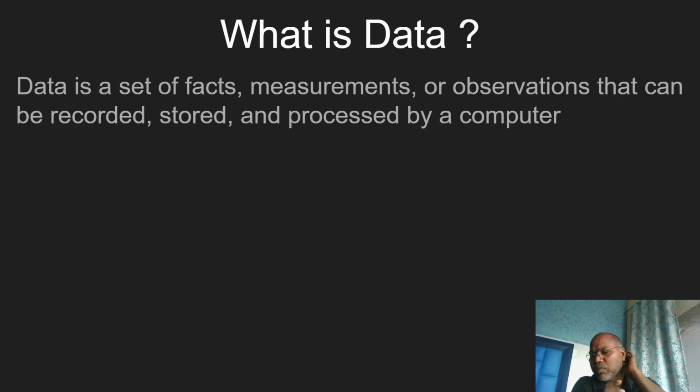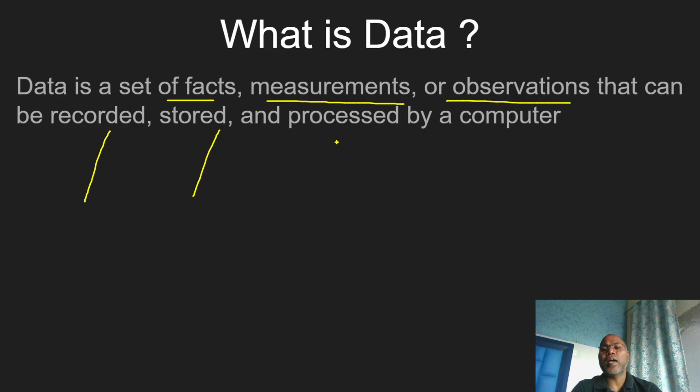Let's talk basics. What do we mean by data or information? If you talk about the theoretical definition, anything can be data: any set of facts, any measurements, or any observation that can be recorded, stored, and processed by the computer.